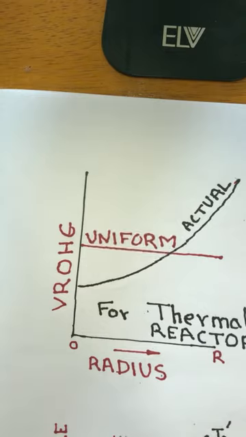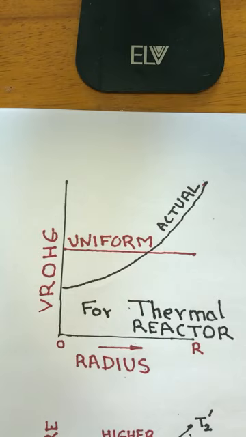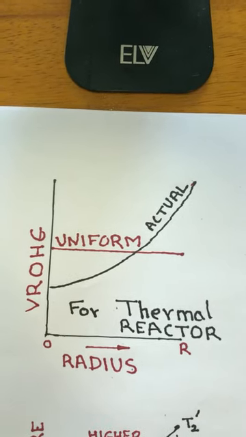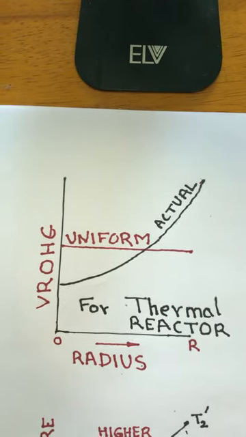And so we say, though the actual VROHG is higher in part of this radius, the total amount of heat flow across the surface is always greater in the uniform case. It is seen that in the case of assumed uniform VROHG for a thermal reactor, the total heat flowing out is always greater than the actual case, except at the center, where in both the cases they are equal.